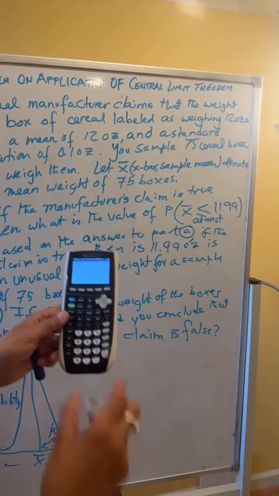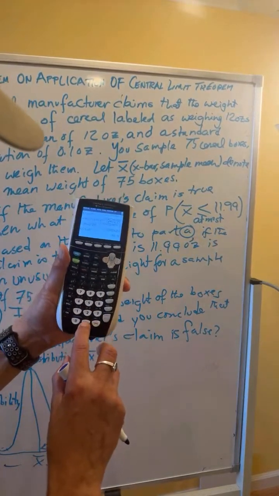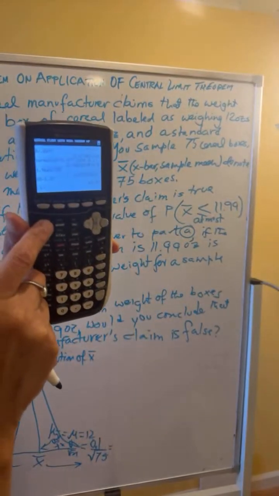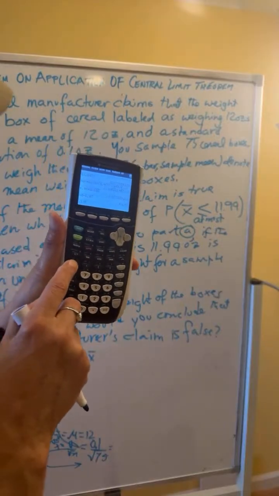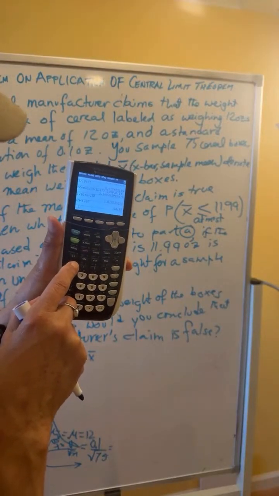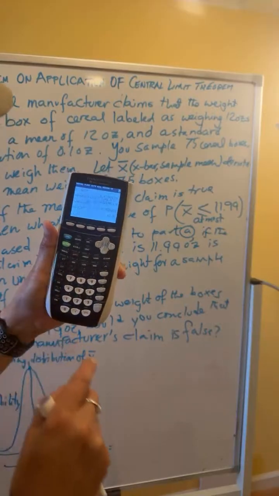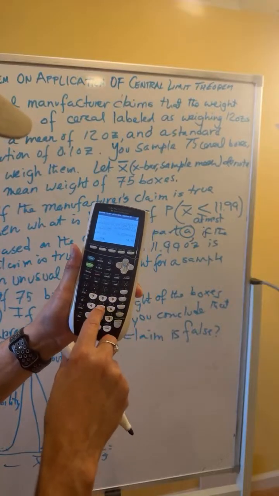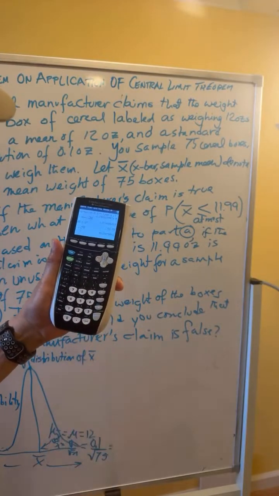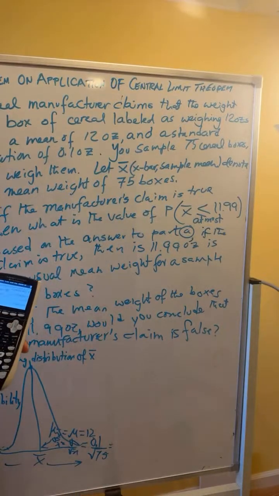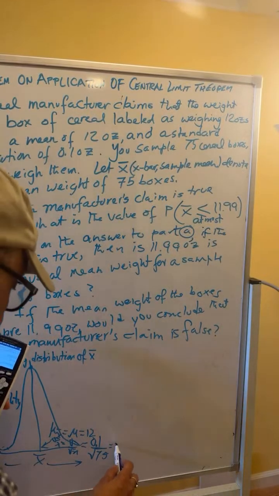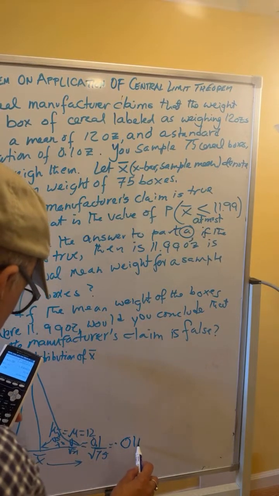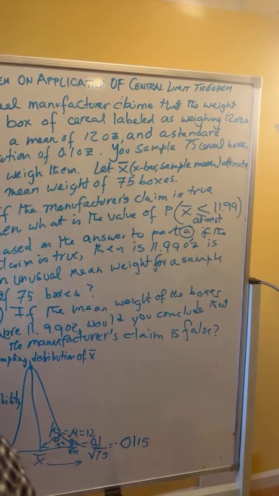You type 0.1 divided by, press the second button on the top left corner and then the x squared key in the first column halfway down. That gives you the square root. Inside the square root, type the sample size, 75, and hit enter. So the standard deviation of the sampling distribution is 0.0115.